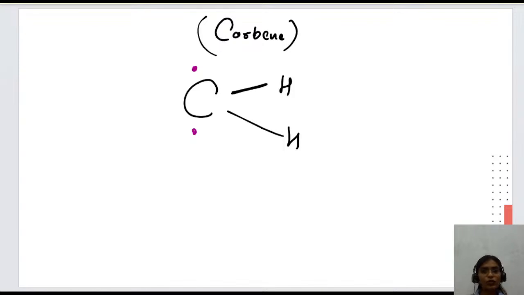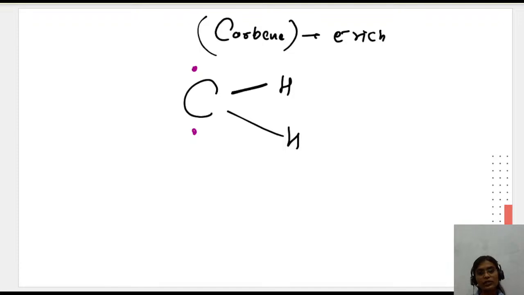Now, next question. What is the misconception here? We just discussed that there's a lone pair. Now, my next question to you: according to you, is it an electron-rich species or an electron-deficient species? First answer this question. This is carbon.